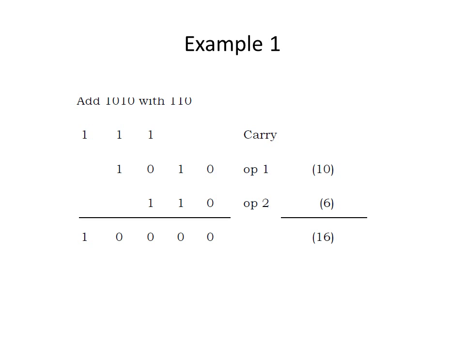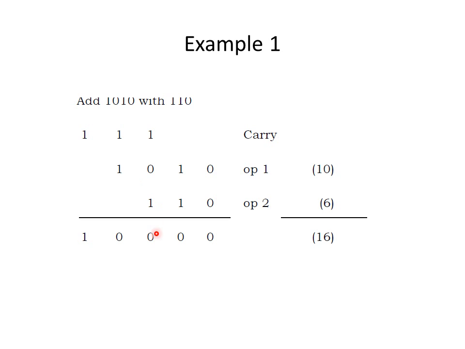Let us take another example. For example, 1 0 1 0 is the first operand, and 1 1 0 is the second operand. 1 0 1 0 is equivalent to 10 and 1 1 0 is equivalent to 6. Now when we add 0 plus 0, that is 0, and 1 plus 1 means 0, and carry is forwarded here.